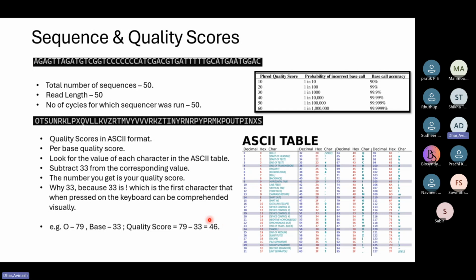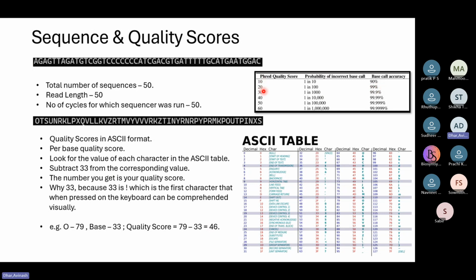What does it mean? If my quality score is 10, the probability of incorrect base call is 1 in 10, and my base call accuracy is 90%. If my quality score is 20, the probability of incorrect base call is 1 in 100, and the accuracy is 99%.